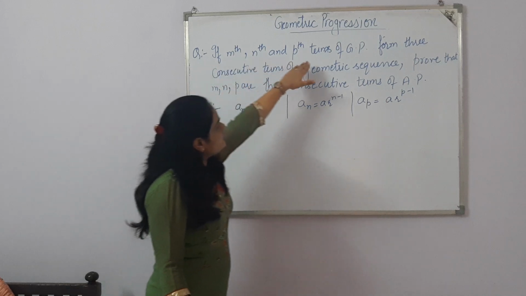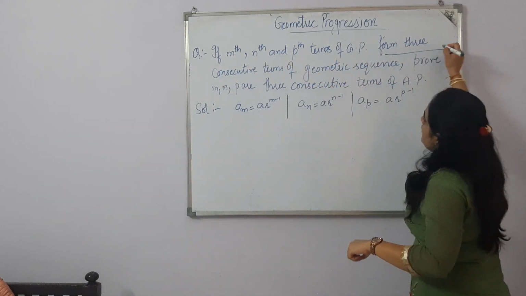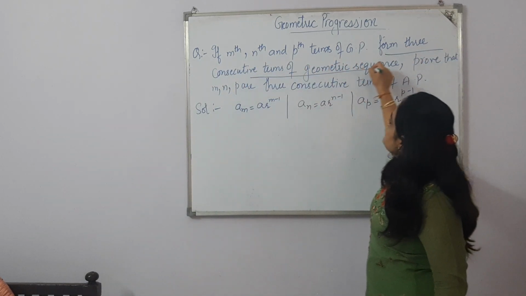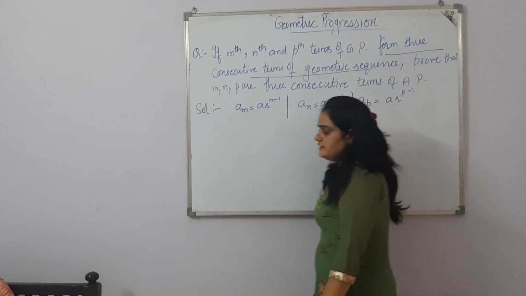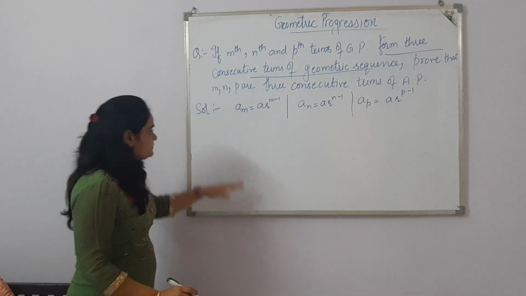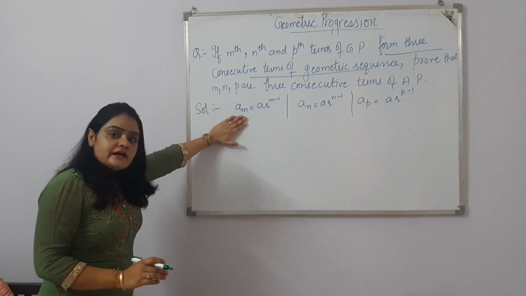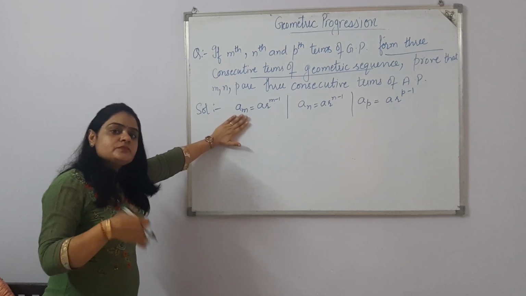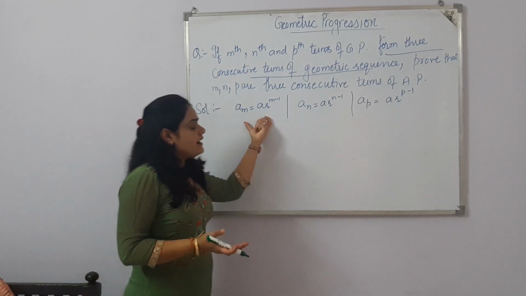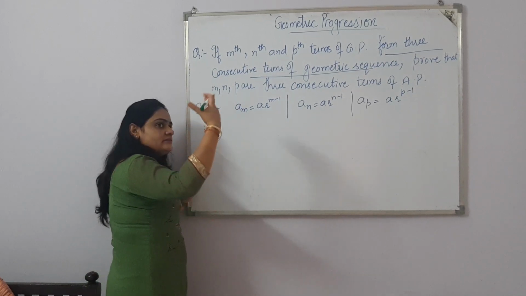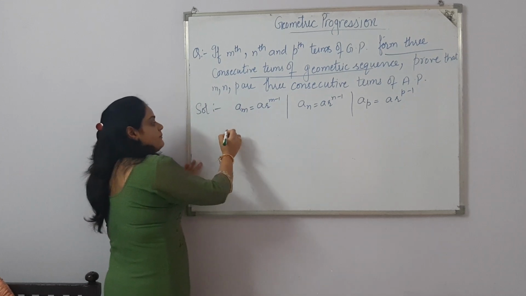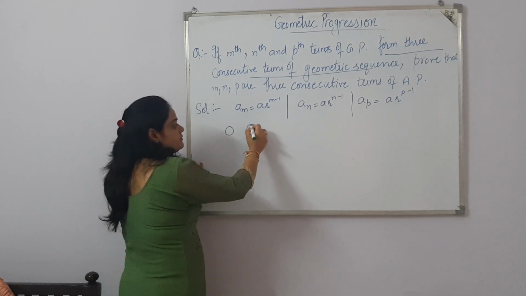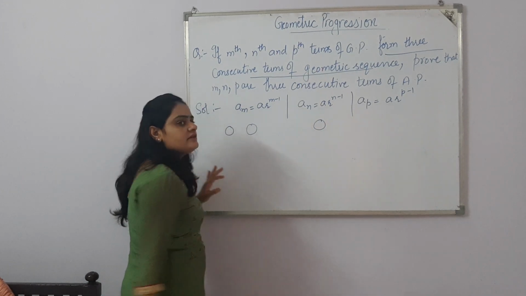Now, these three terms of GP form three consecutive terms of a geometric sequence. That means when these three terms come together, they again form a GP. Here one GP is given to us whose mth term is here, nth term is here, and pth term is here.